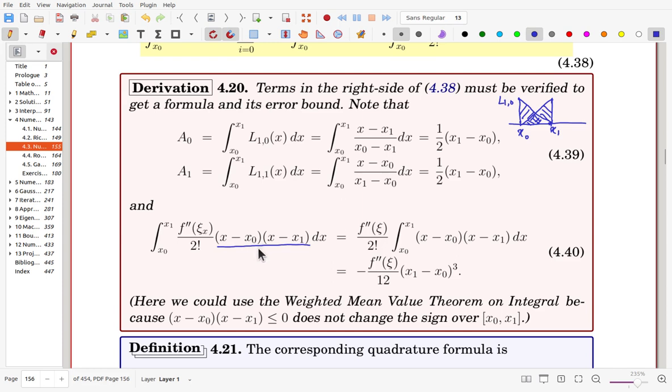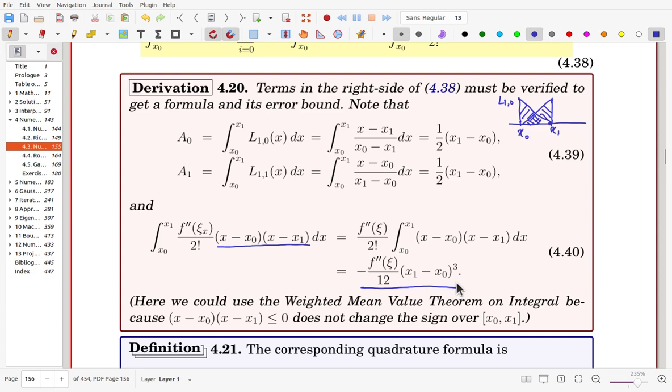So by using the weighted mean value theorem for integrals, we can move this one out by using its average value, and the constant can go out, and here we have the integral from x0 to x1 of this part, and we can get the exact value for the integral, so we arrive at this one.